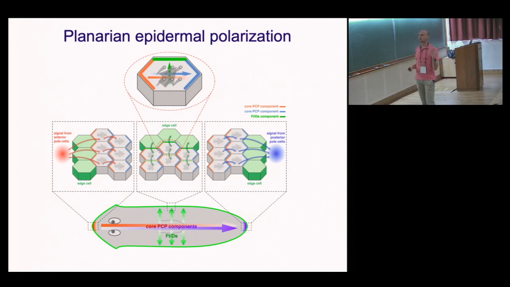Now, at the whole organism level, these two vectors are oriented by the tip of the head and by the tip of the tail, in the case of the canonical PCP system, and by Fat axis in the case of this margin-oriented PCP field.